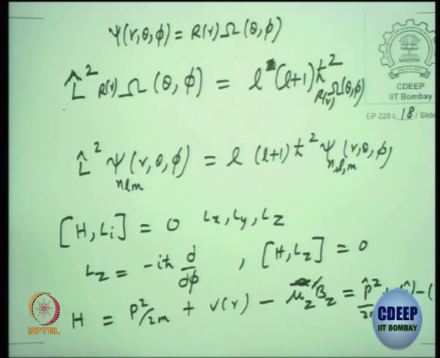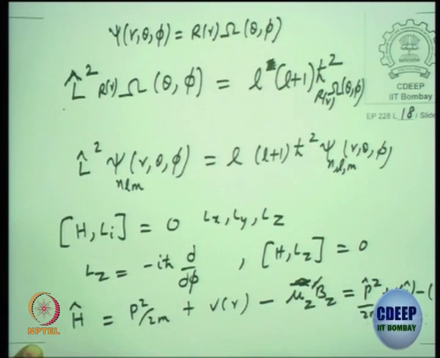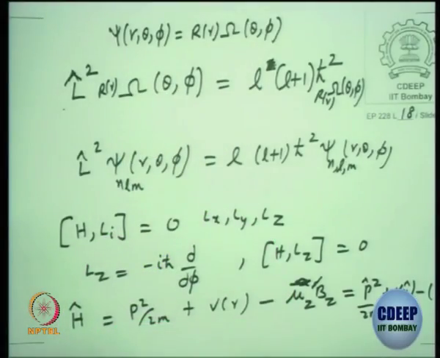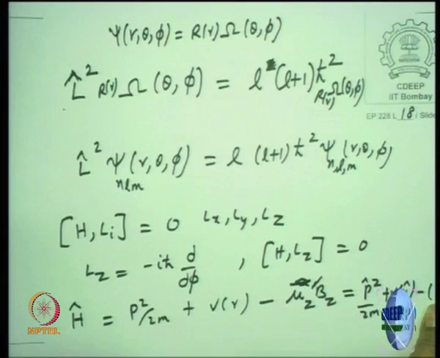Now the question you are asking is whether this new Hamiltonian commutes with Lz. It doesn't commute with Lx and Ly. The old Hamiltonian commuted with Lx and Ly also. But the new Hamiltonian still commutes with Lz. Is that obvious from here? Adding a term proportional to Lz, if I take the commutator with Lz, this term anyway commutes and this will also commute, trivial. So it is a simultaneous eigenstate of Lz and the Hamiltonian.